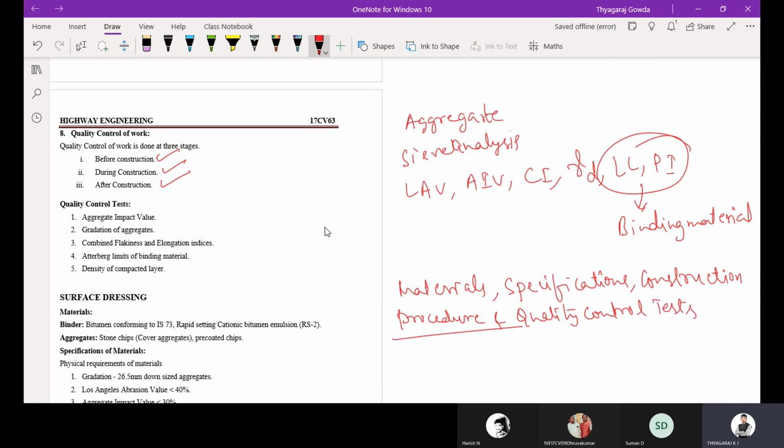These are the various things they may ask in the exam. For example, explain the step-by-step construction of a wet mix macadam with quality control tests. It means you have to write the step-by-step procedure, and you have to write the quality control tests.